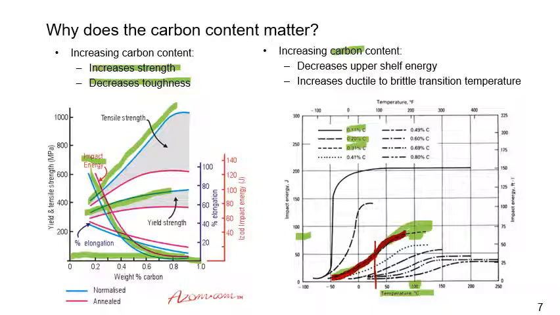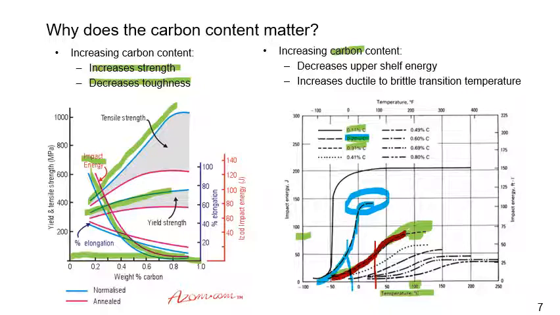So one way to combat that brittle behavior is lowering the carbon. Choose a different color. So this 0.20% carbon, now I have a higher upper shelf energy, so even more toughness at high temperatures, and a transition, we call this a transition temperature, to brittle behavior at even lower temperatures. Now it's below 0 degrees Celsius.